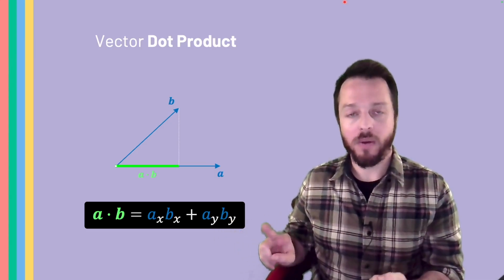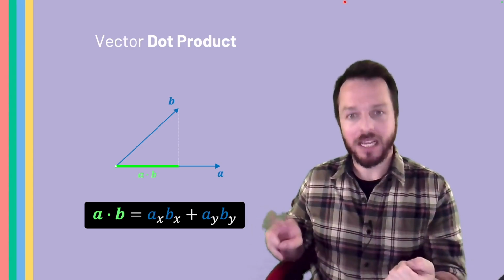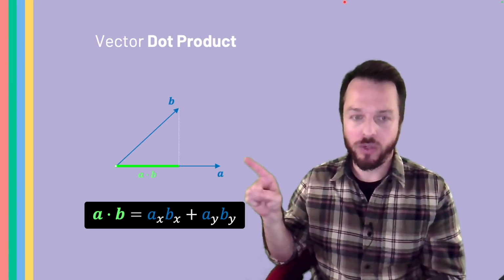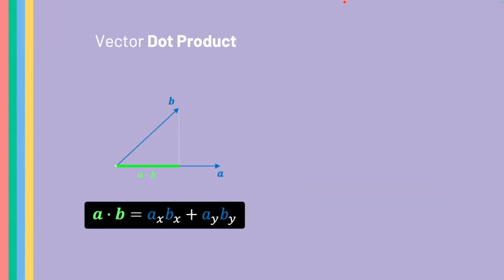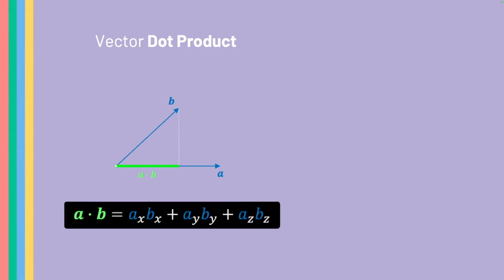And if we have a third component, it's z's times z's, because I'm looking at 2D here, but we're going to have the 3D version, which is x's times x's plus y's times y's plus z's times z's. If I perform this multiplication plus this multiplication plus this multiplication, this is going to give us a number, a scalar value, which means how much this thing is projected onto this thing.